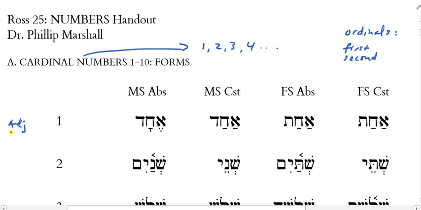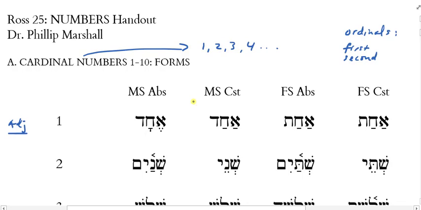Number 1 is an adjective, but numbers 2 through 10 and the first 10 numbers, cardinal numbers, are actually nouns, all right? So if you look at the chart that you have in front of you, I've given you the masculine singular absolute. There can be a construct form, the feminine singular absolute, and the feminine singular construct. All of the numbers in 1 through 10 can occur in one of those 4 forms.